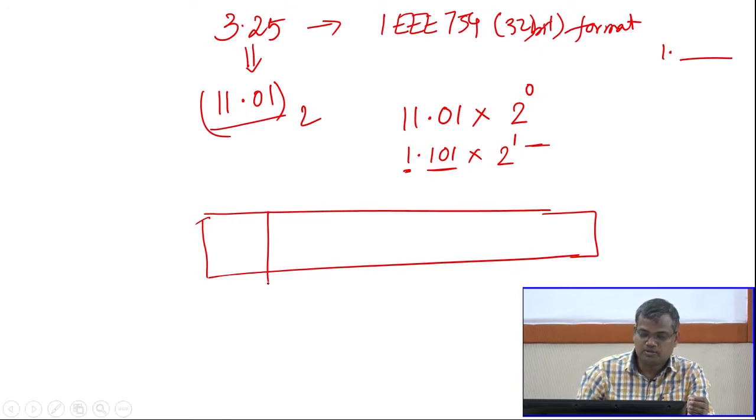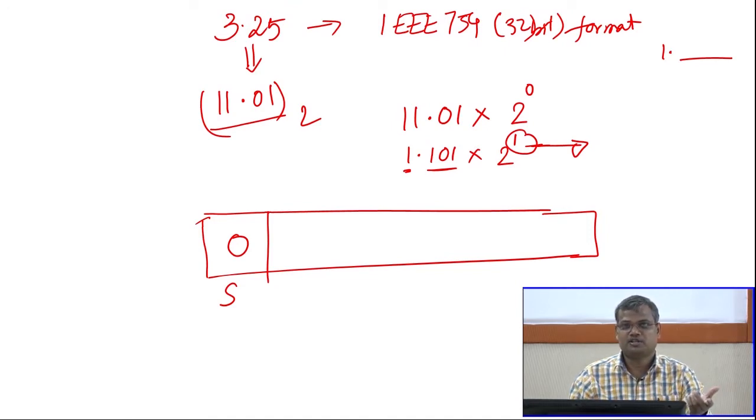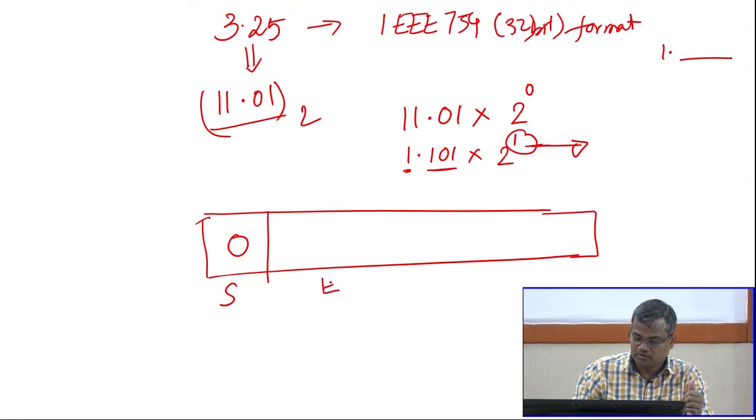This is a positive number, so the sign bit is 0, and the actual exponent value is 1. So, when we store the number in 754 format, you have to add 127, so the exponent should contain 128.